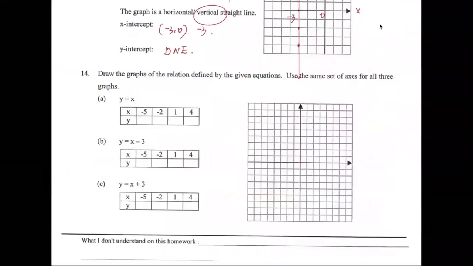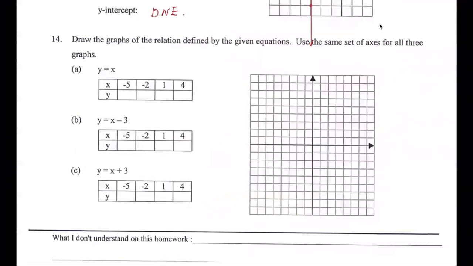Okay, last one. Number 14. Draw the graphs of the relation defined by the given equations. Use the same set of axes for all 3 graphs. So this is x and this is y.